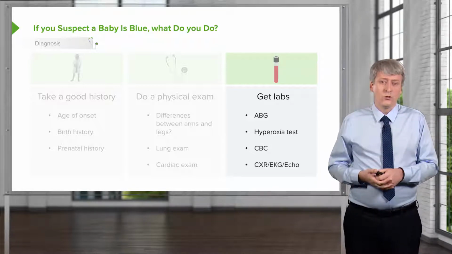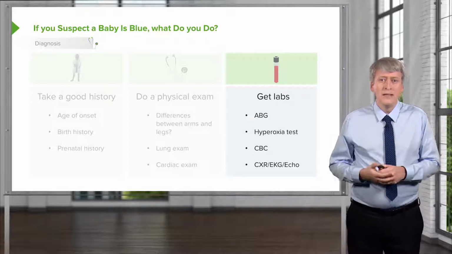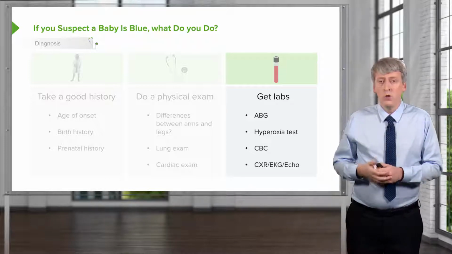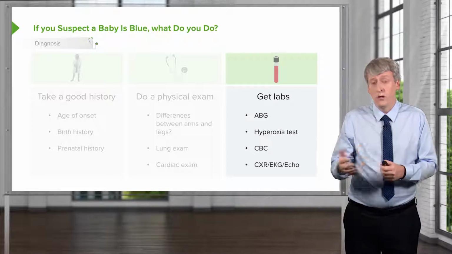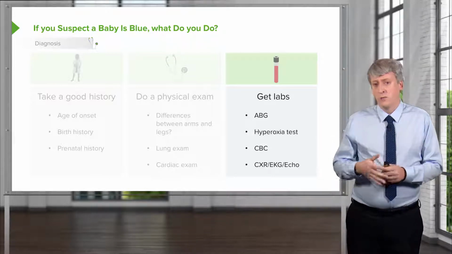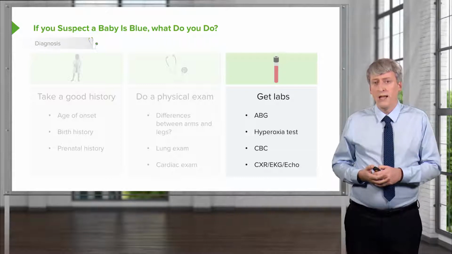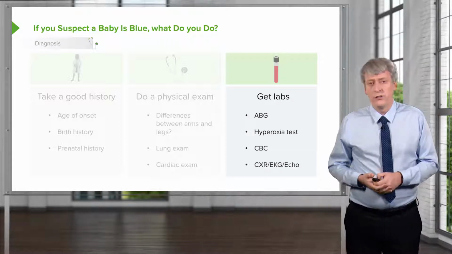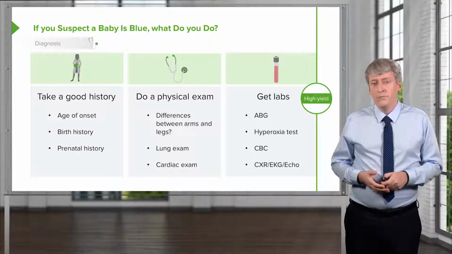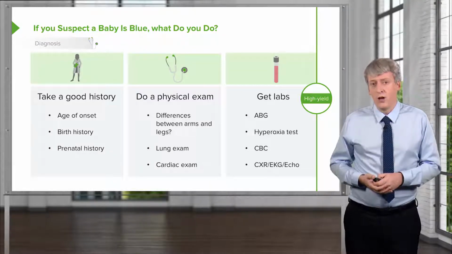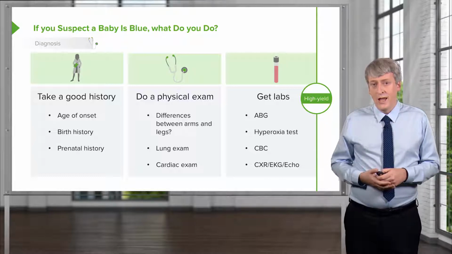Additionally, the testing to really truly diagnose the problem is the echocardiogram. We'll often quickly get a chest X-ray or an EKG as a clue to what's going on. The echo sometimes takes a little while before you can get it because you have to consult the cardiologist. So all of these things you've done, you suspect cyanotic heart disease. Well, what do you do next?